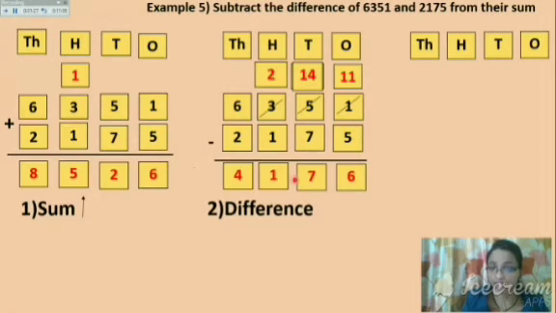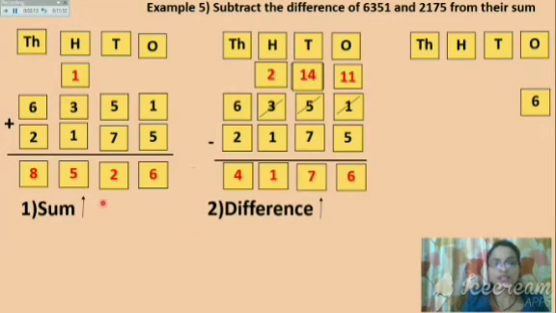The difference we have found out and the sum also we have found out. So now we have to subtract the difference from the sum. Means 4176 we have to subtract from 8526. Understood?